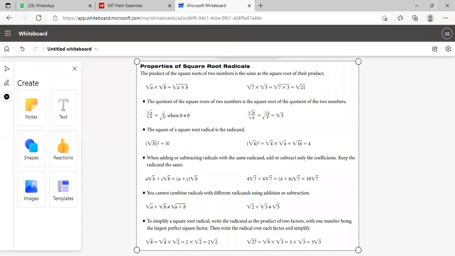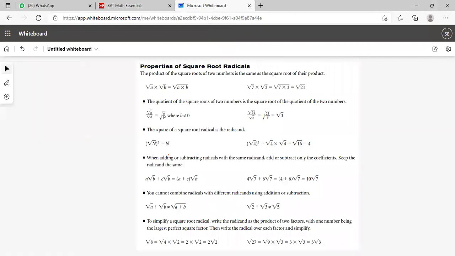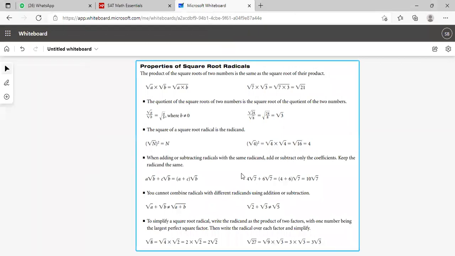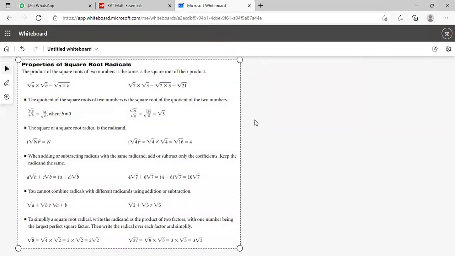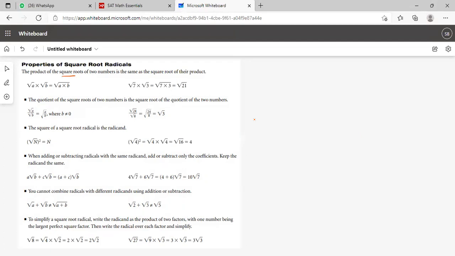Right. This is a very interesting yet important topic. Properties of square root radicals. The product of the square roots of two numbers is the same as the square root of their product.